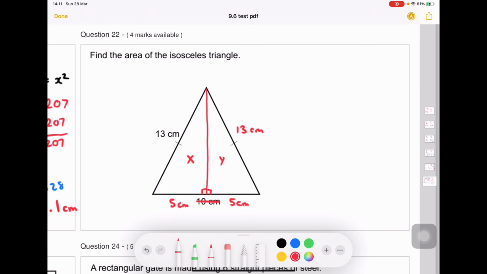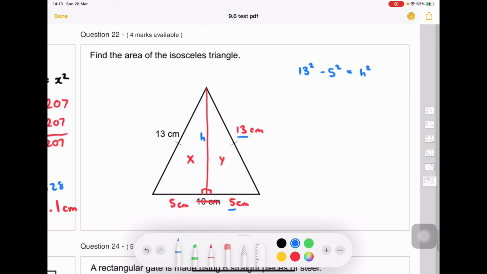And now we need to use Pythagoras' theorem. So here is my hypotenuse, here is the other length. I need to work out this h, this height. 13 squared take away 5 squared equals height squared.